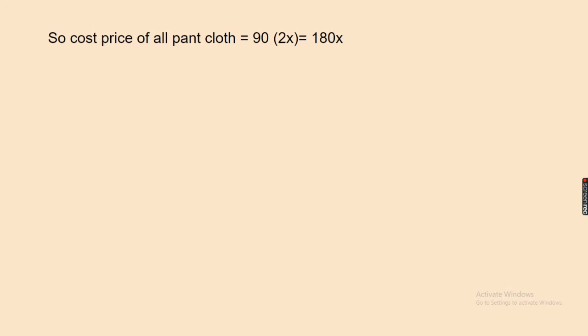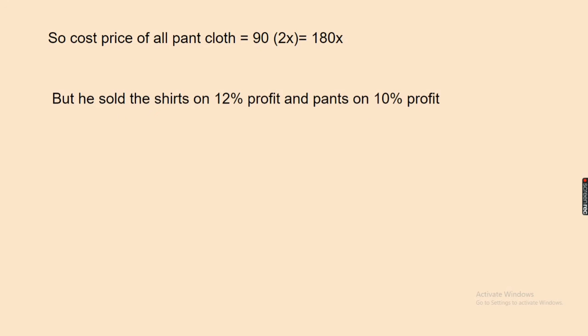Now we would find out the selling price. He sold the shirts at 12% profit and pants at 10% profit. Now we would find out the selling price of shirts and trousers both.